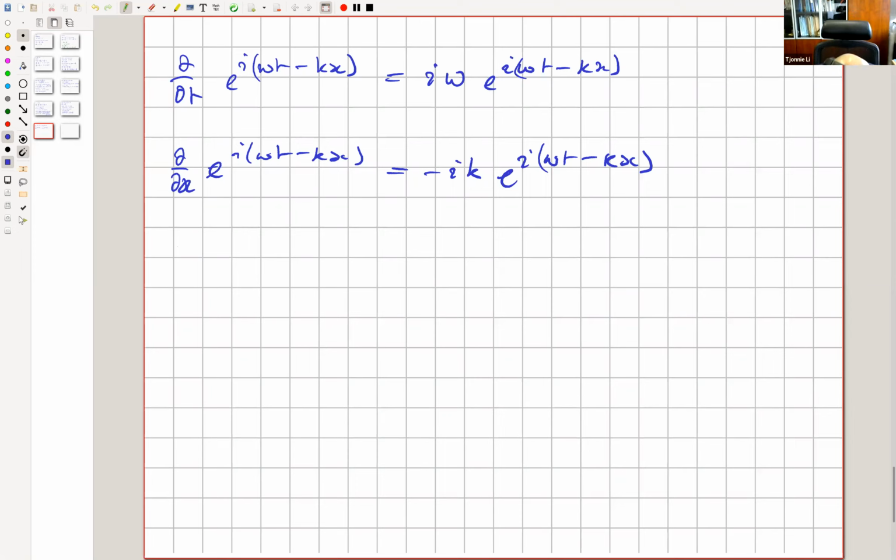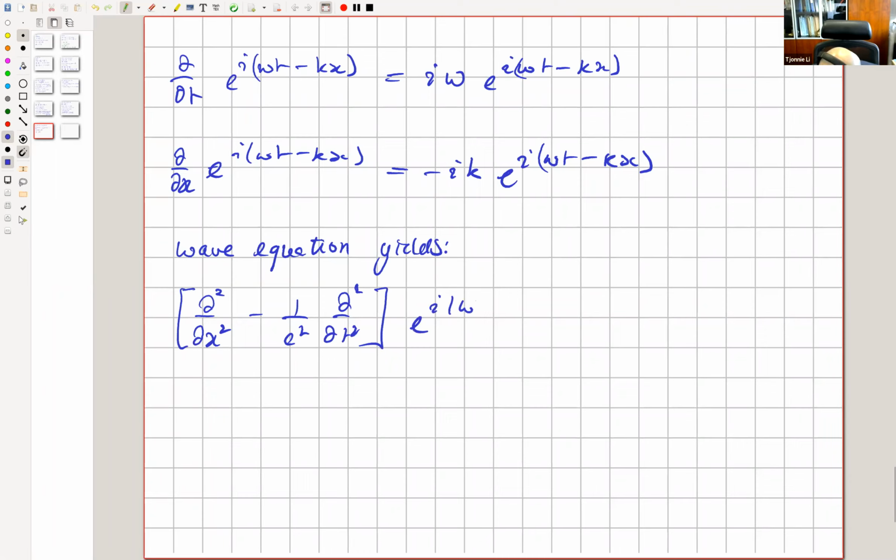So the wave equation yields that we get partial squared by partial x squared minus 1 over c squared partial squared by partial t squared operating on e to the i (omega t minus kx).